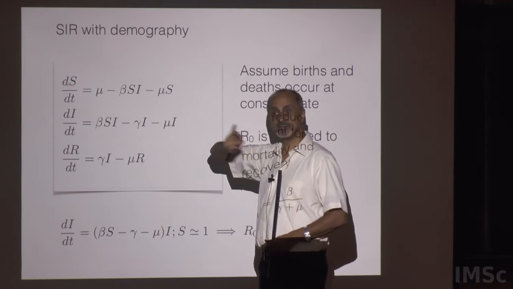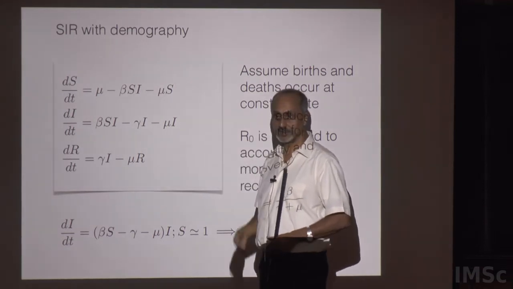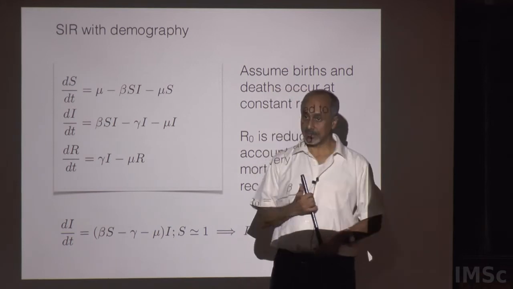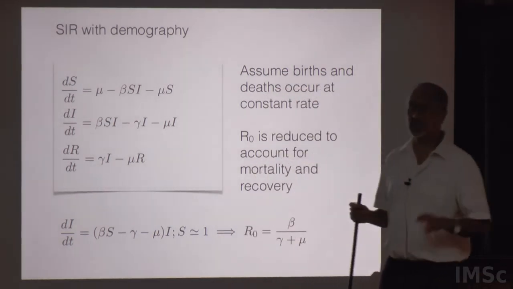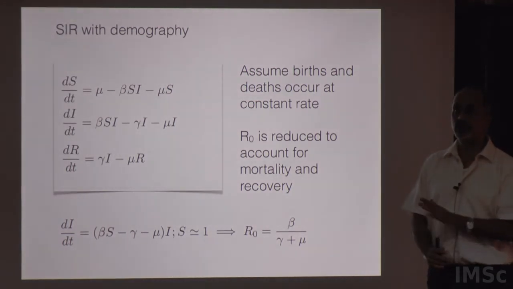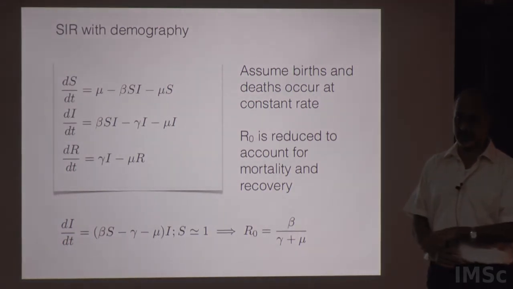If each person has the same small probability of dying, the number of people dying must be proportional to S. Suppose I have 100 people and there is a 1% probability that some of them will die in the next 1 hour. Then in 1 hour I expect 100 to become 99. If I have 1,000 people with the same probability, the 1,000 people will become whatever 1% of 1,000 is, which is 10, so 990.